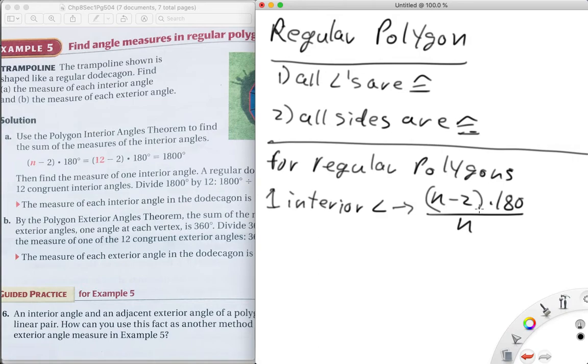That gives you one interior angle of a regular polygon. Right, that's one equation.